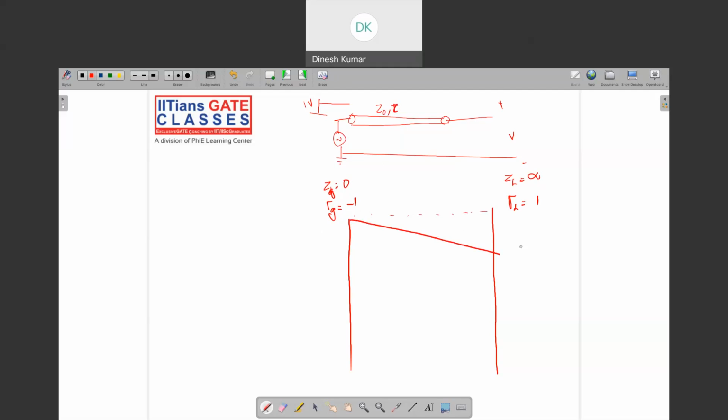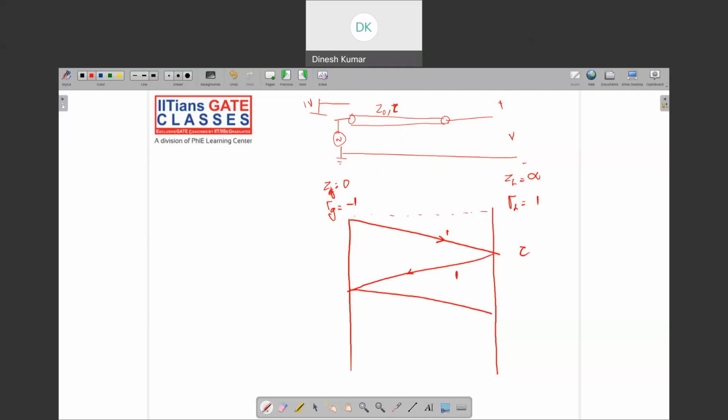It takes one delay time, one tau, to reach this particular point. So this is basically one. Now it will get reflected here, so what is the reflection coefficient? 1, right? So we get 1 here. Now the reflection coefficient at this particular point is basically -1, right?